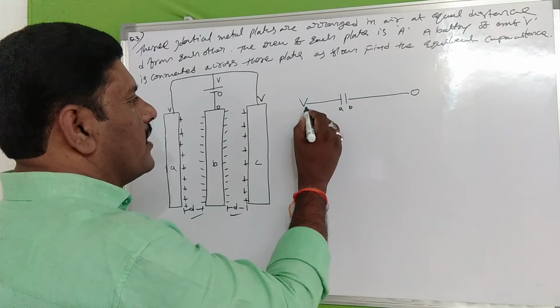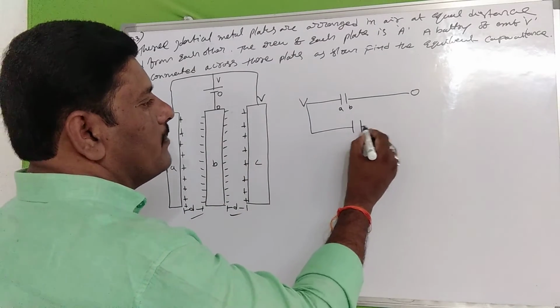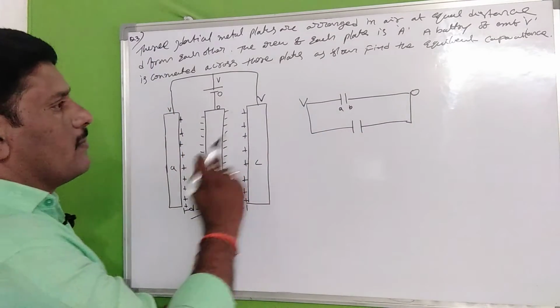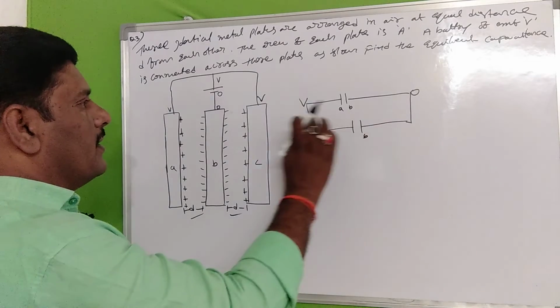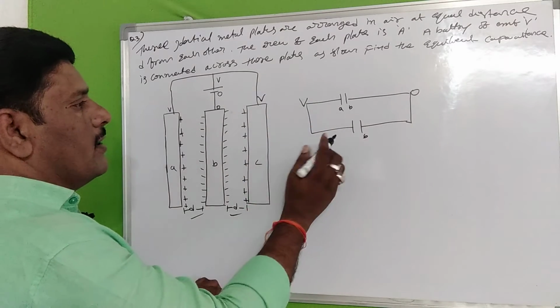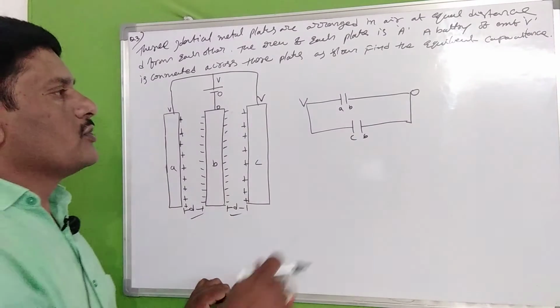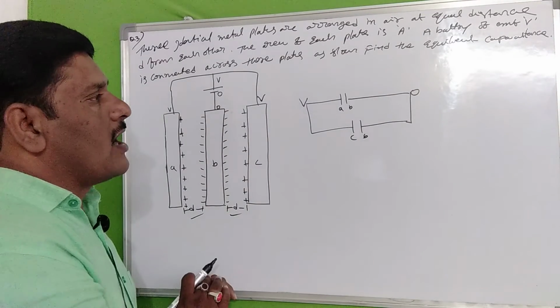The plate at 0 is nothing but B, and towards V the plate is C. So both capacitors are in parallel combination.